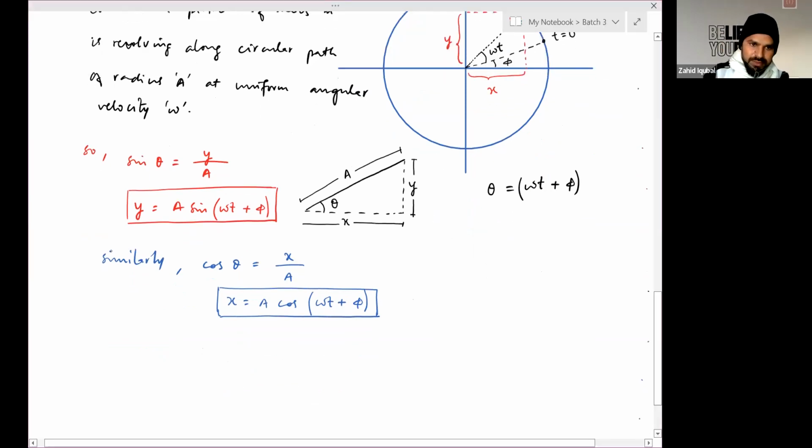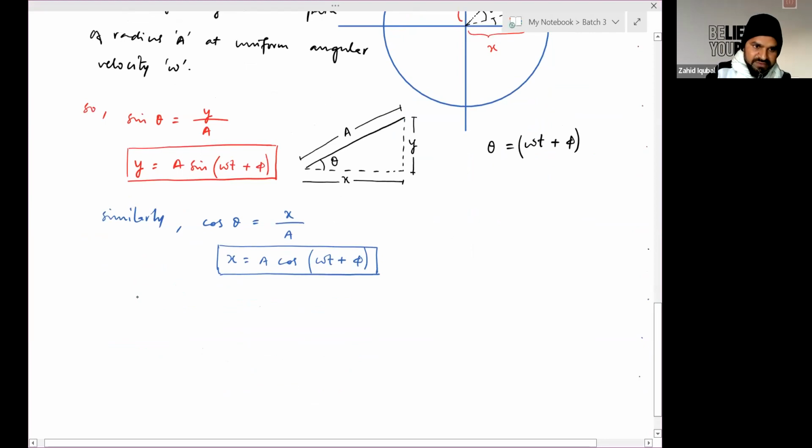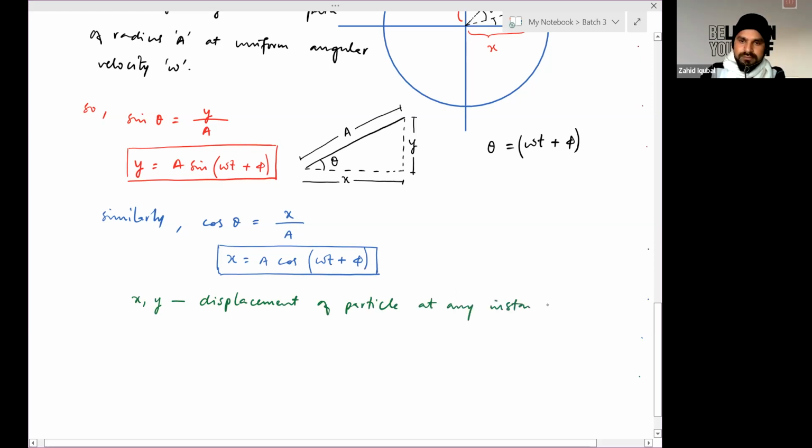So let me define you the physical interpretation of different terms. x and y in this expression is called displacement of particle at any instant or at any time.